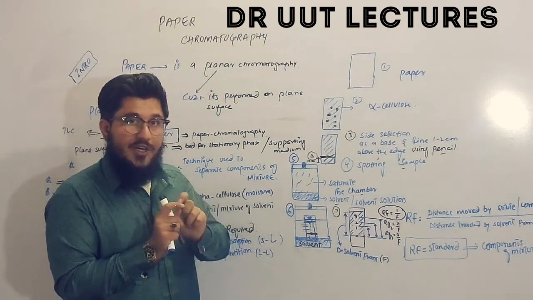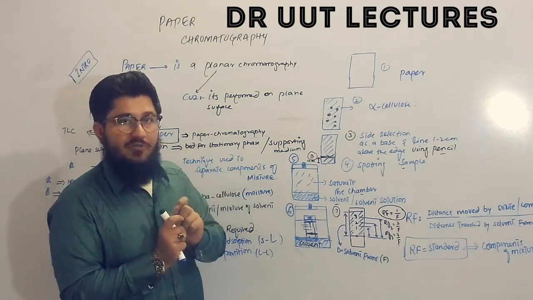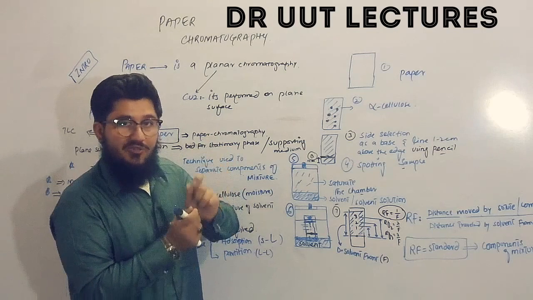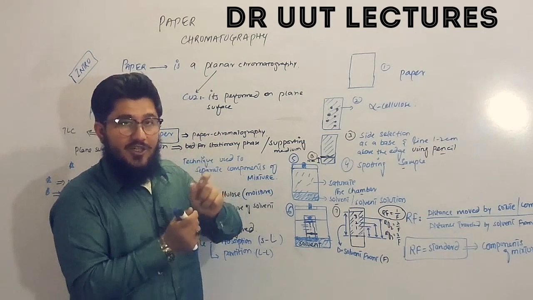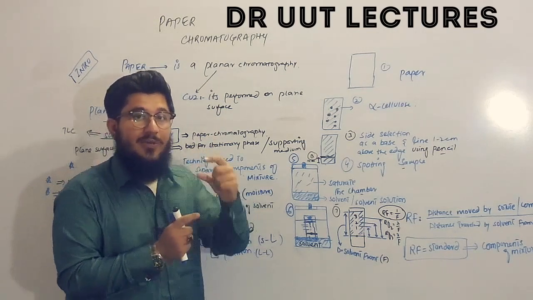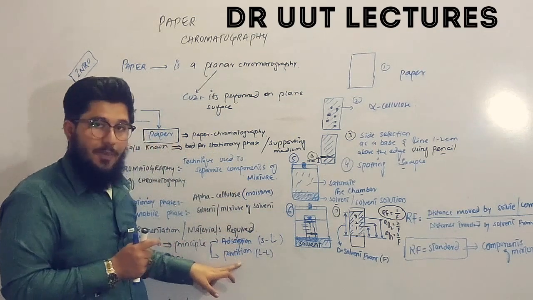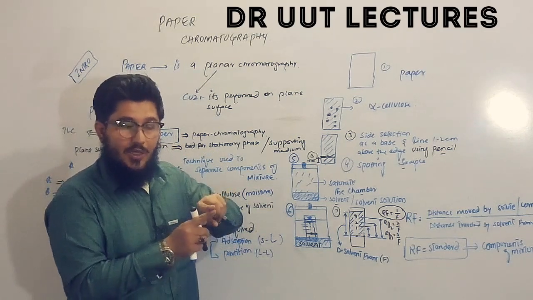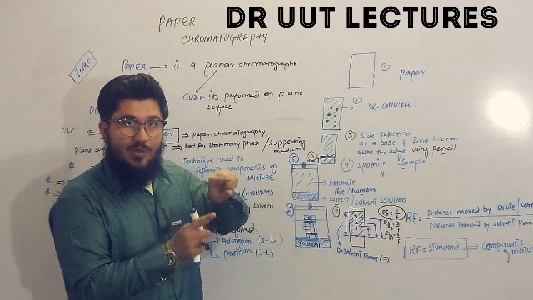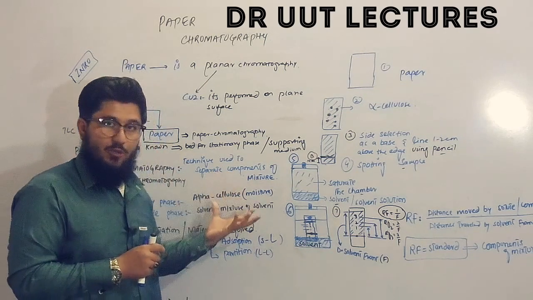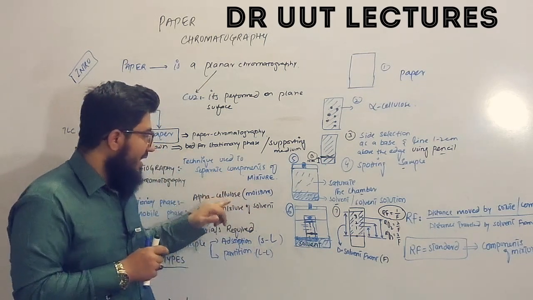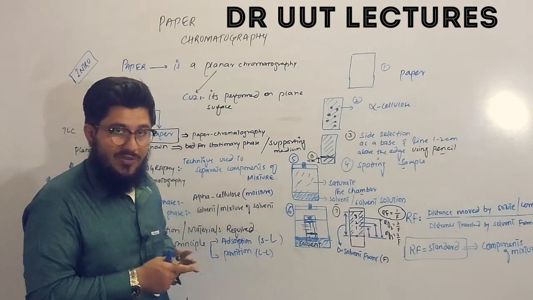This type of interaction and separation is done by the principle known as partition. When any component is separating between liquid phases, that is actually known as partition. So this one is partition chromatography. Why? Because our stationary phase and mobile phase both are liquid phases.